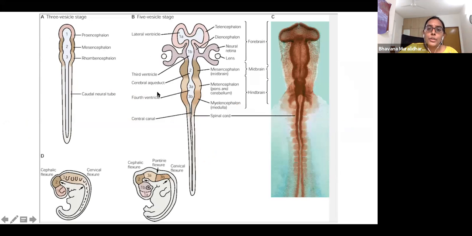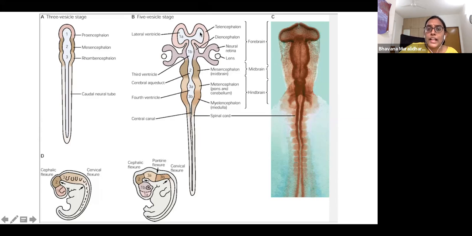What really is happening during development is that it starts with this tube, then forms a three-vesicle stage, where the very tip forms the forebrain, followed by the midbrain, hindbrain, and the spinal cord. This three-vesicle stage soon becomes a five-vesicle stage, where these are the ventricles, or the hollows which are filled with the cerebrospinal fluid, which keeps bathing the developing neural tube with signaling factors and everything.